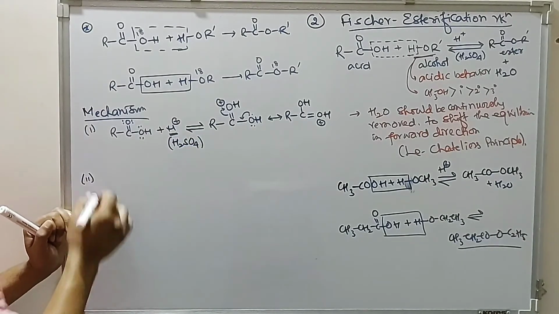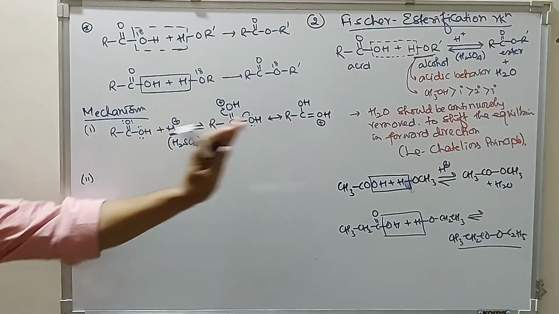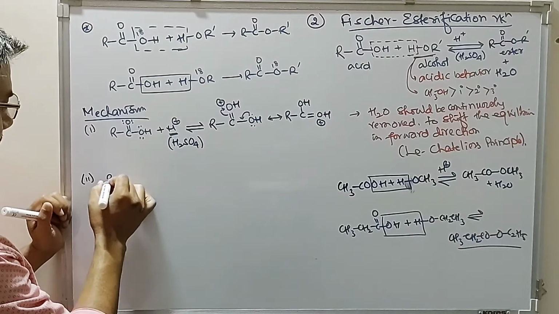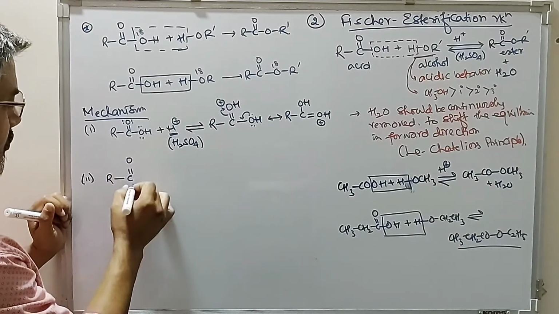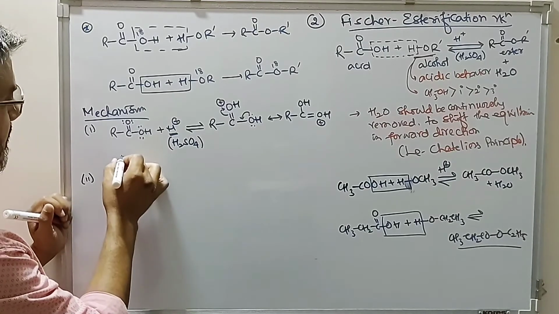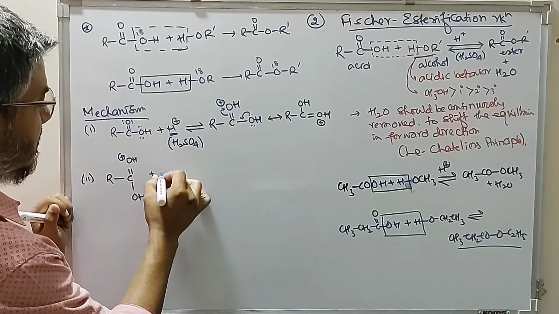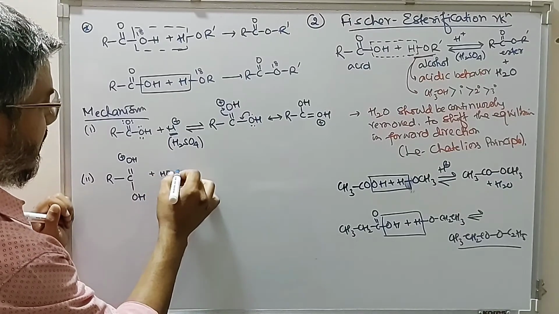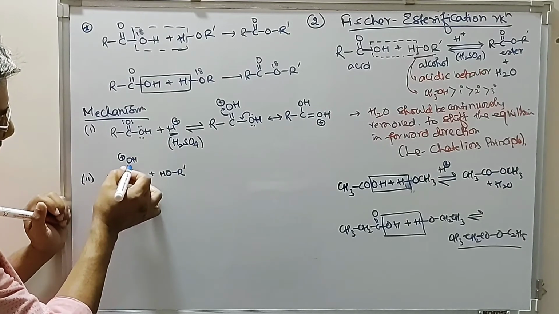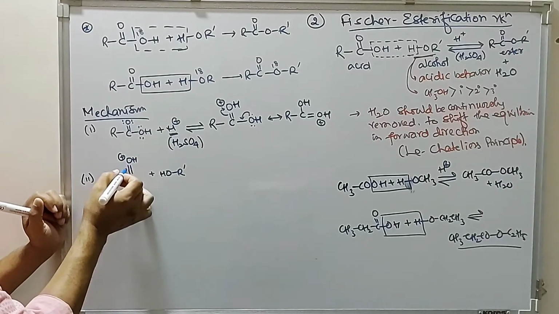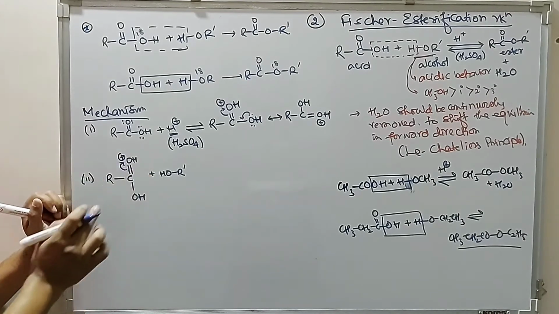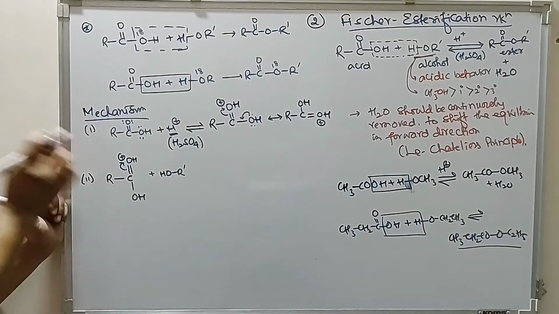In the second step of this reaction, this protonated acid reacts with this alcohol. So we have this RC double bond OH, OH. This reacts with alcohol. So now look at this. This oxygen being positively charged has a very strong electron withdrawing character. When this withdraws electron density, carbon becomes electron deficient, that is electrophilic.